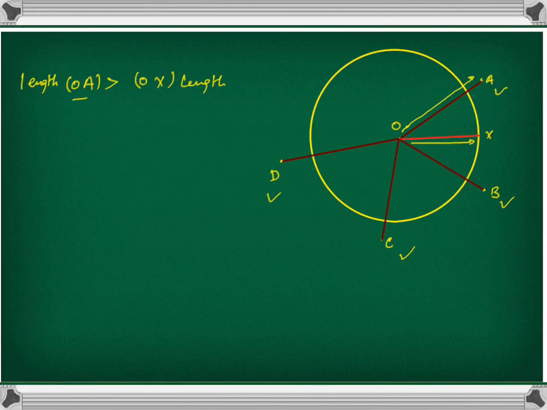So the length from the center to an exterior point is greater than the radius of the circle.